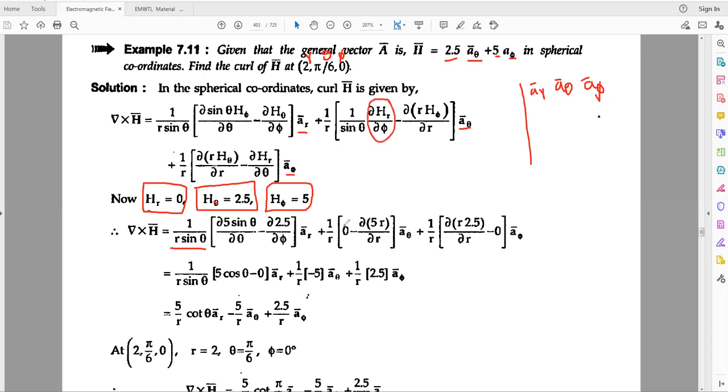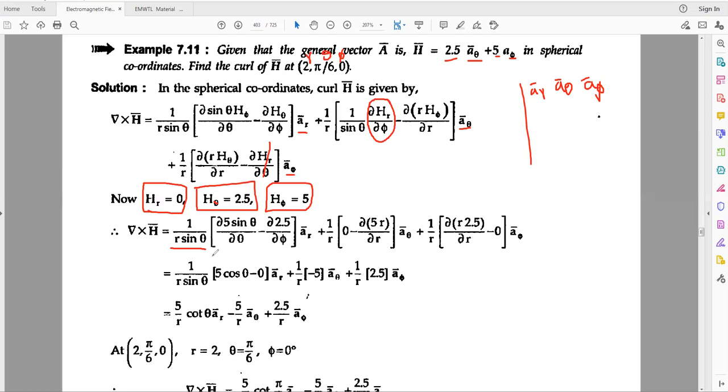The HR coefficient is 0, so that term is 0, minus dou by dou r of r into H phi. H phi value is 5, so 5r, dou by dou r, into A theta bar. And the last term is 1 by r into dou by dou r of r H theta, 2.5, minus dou HR by dou theta, which is 0, into A phi.